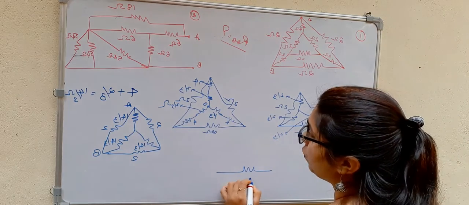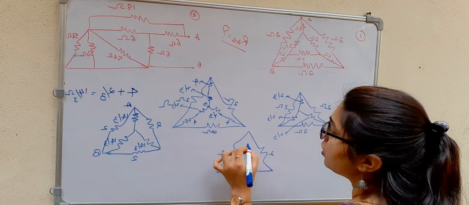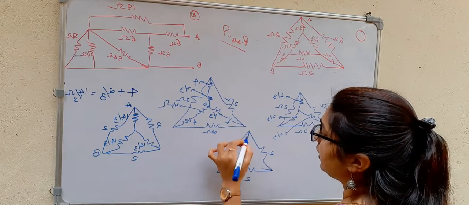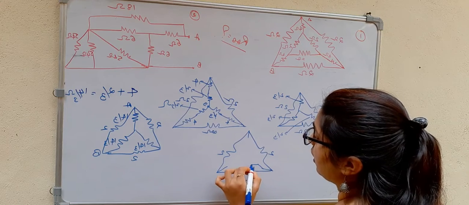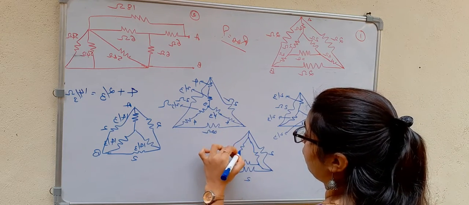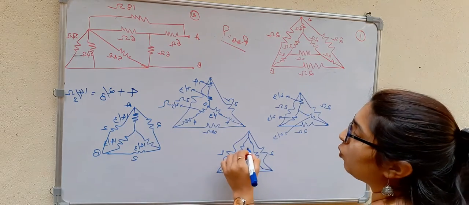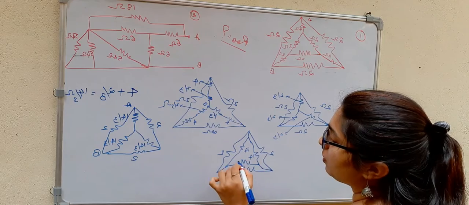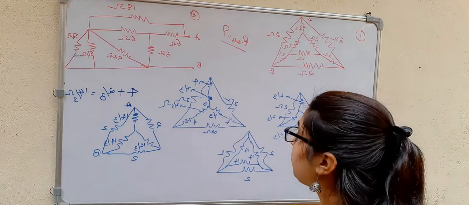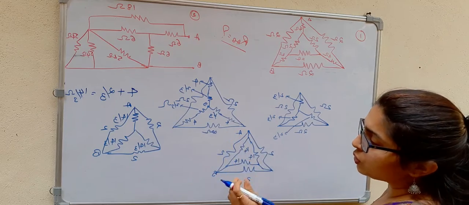So you have 2 ohms here, 2 ohms and 2 ohms here. Inside we will have another delta configuration, because I have converted the star to delta once again, with a value of 14 ohms, since 14 by 3 into 3. Now I have to find the resistance between these two terminals.